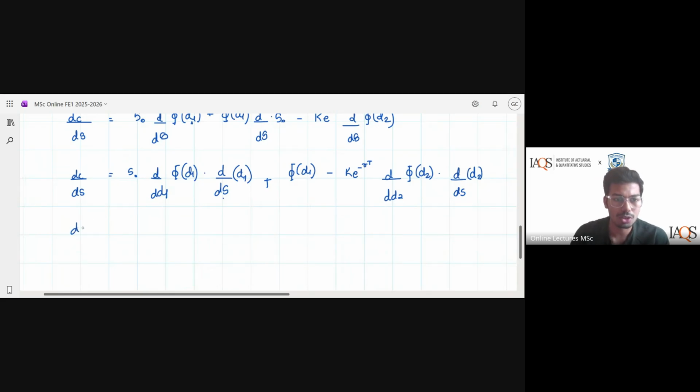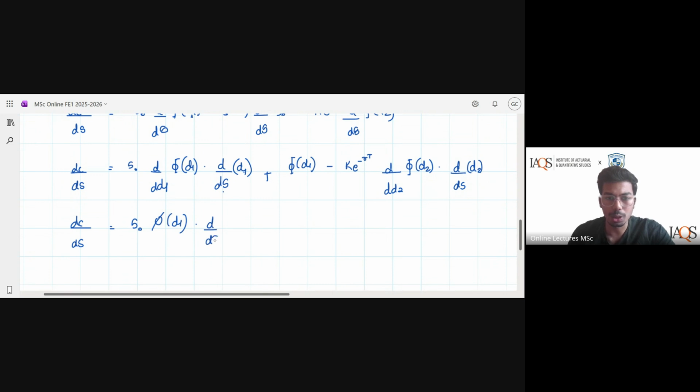Now it's plain vanilla. So dc by ds. Can I write S0 d by d1 of phi of d1 as PDF of d1? Derivative of a CDF, d by dx of CDF of x, is actually PDF of x. Therefore, I write this CDF as PDF over here, into d by ds. I know the equation of d1 is ln(S0 by k) plus (r plus sigma squared by 2)t divided by sigma root t.